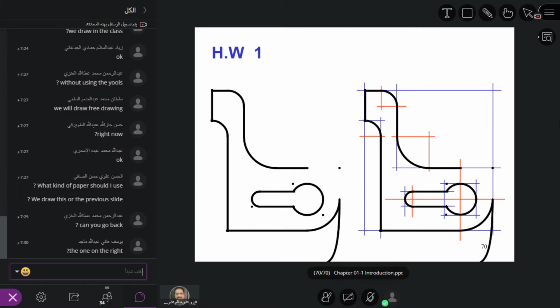Actually, you have to draw this. So in order to draw this, this is the way you draw in a freehand sketch, but this is what you need. You understand? This is the method. Freehand. This is the one. This is the exercise.